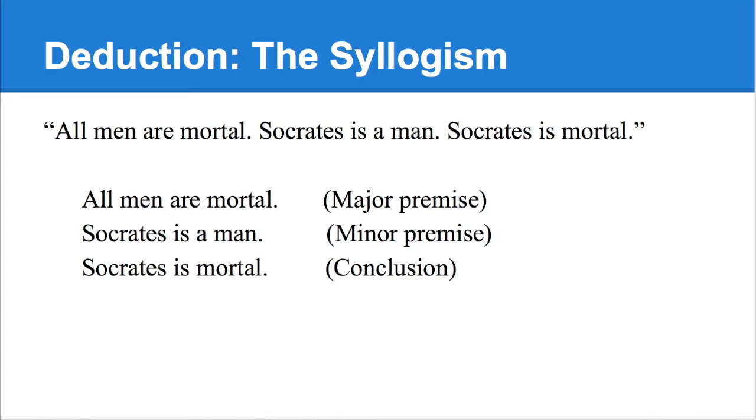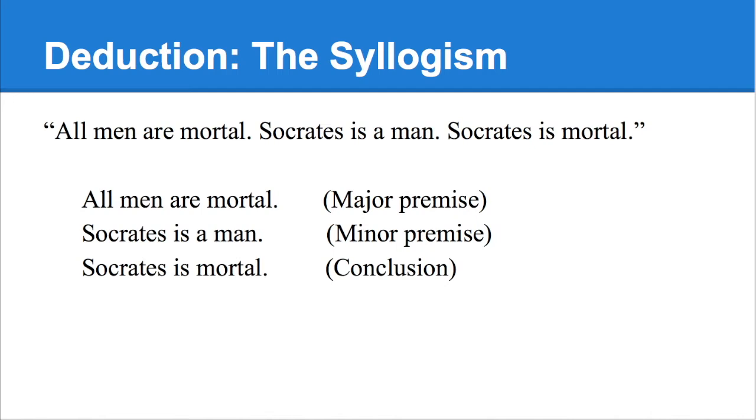Look back at the major premise. All men are mortal. Socrates is a man. What term or concept appears in both of those statements? It's the concept of man. So that's called the middle term. And in the conclusion, in a syllogism, we just erase the middle term and connect the two remaining terms. Socrates is mortal.